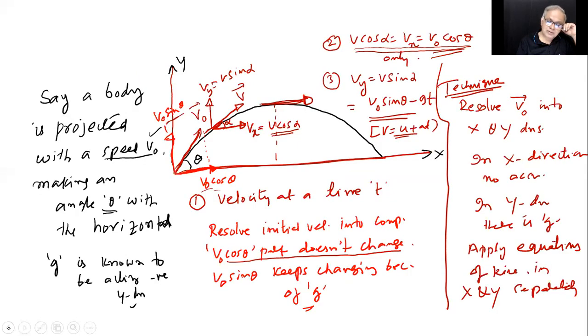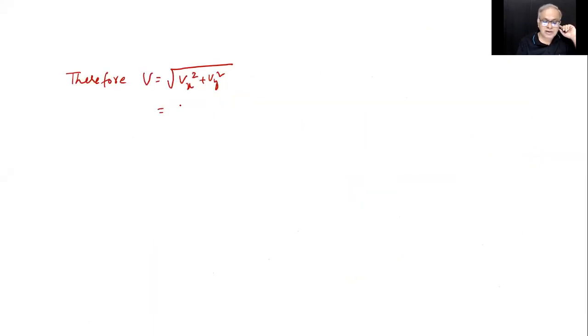Therefore, V equals root of Vx square plus Vy square, isn't it so? This square plus this square is this. So what should I write? V0 cos theta whole square plus V0 sin theta minus gt whole square, under root.